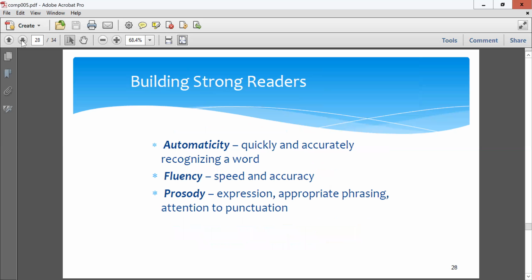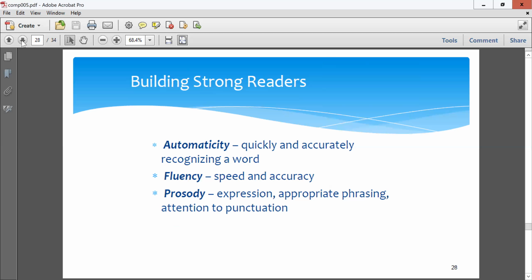So those are important. Building strong readers involves automaticity, meaning they can read quickly and accurately, fluency, which is speed and accuracy, and prosody. We don't often talk about that, but that's expression, appropriate phrasing, and attention to punctuation.